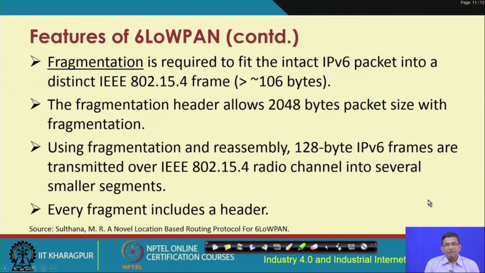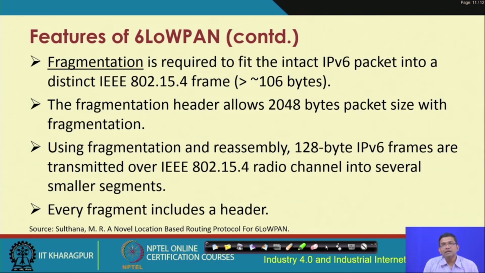Fragmentation is required, as I said, in order to fit the intact IPv6 packet into the IEEE 802.15.4 frame. This fragmentation header allows a 2048 byte packet size with fragmentation.